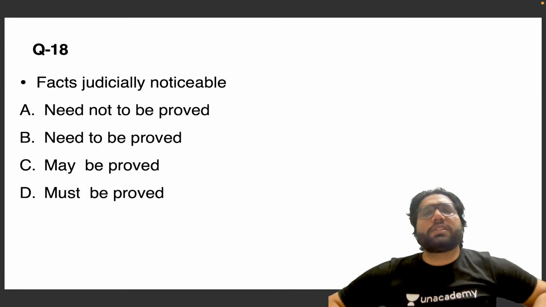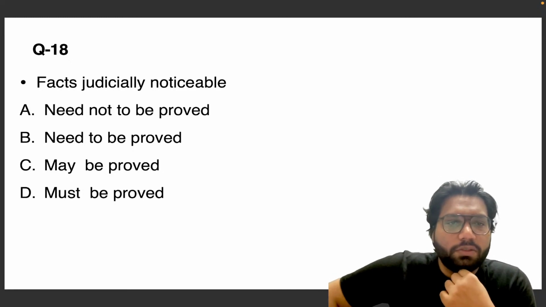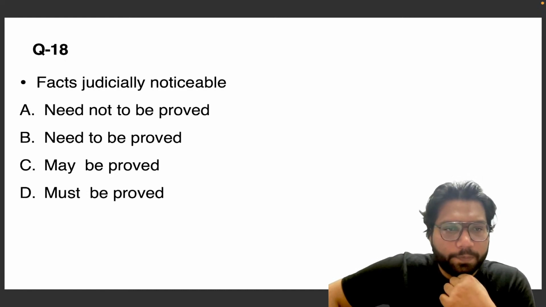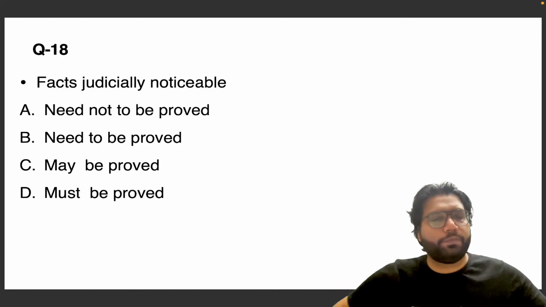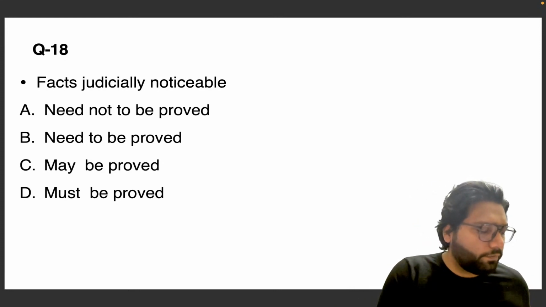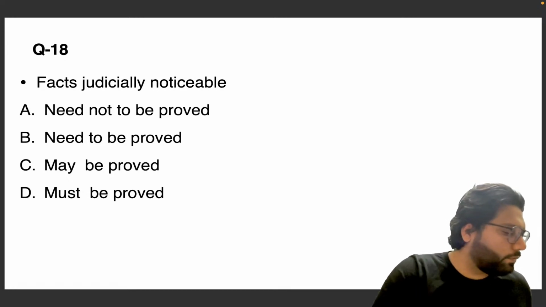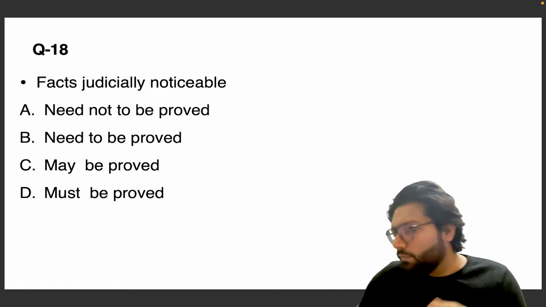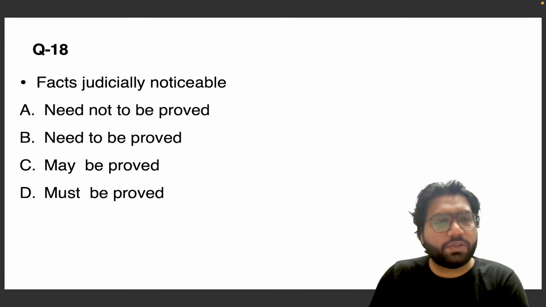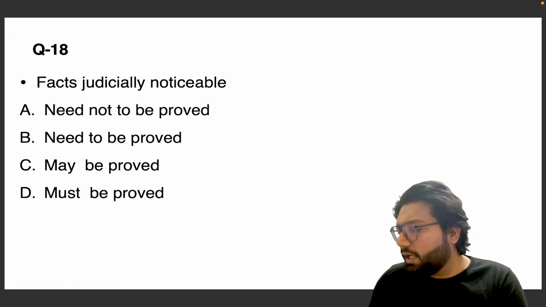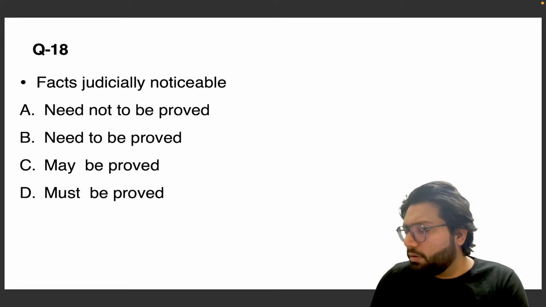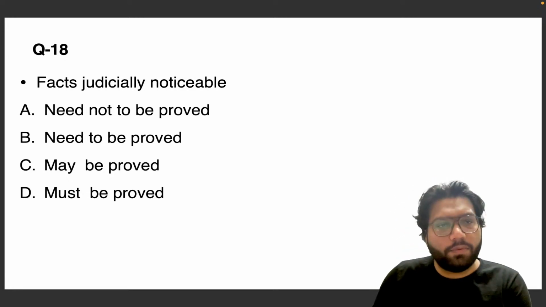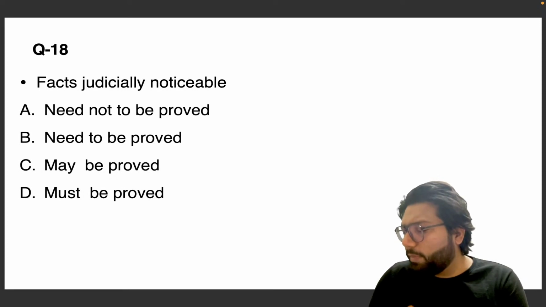Facts judicially noticeable. Facts judicially noticeable. I think the easy one. Question number 18 is from section number 56, and the answer is, students, Sapna, first one to answer, A, followed by Amit and Pratibha.